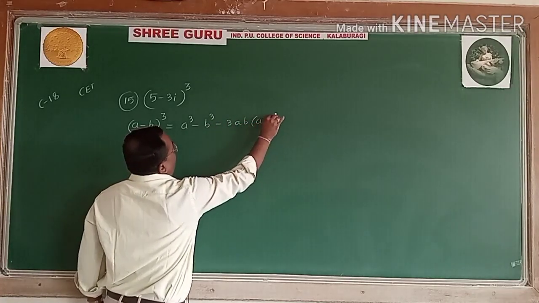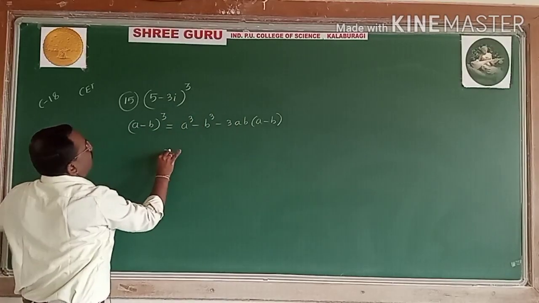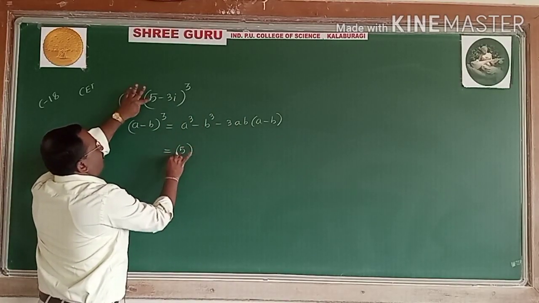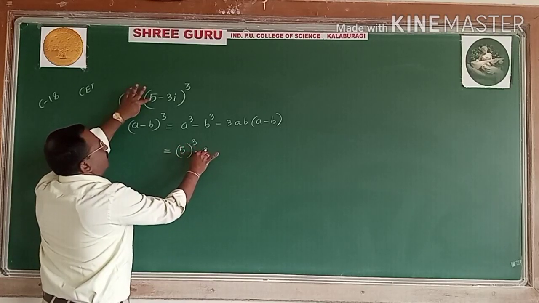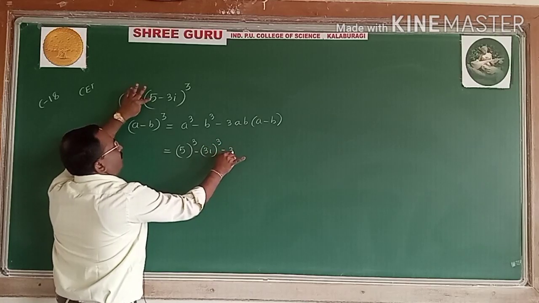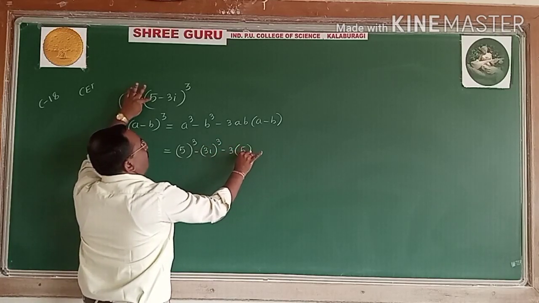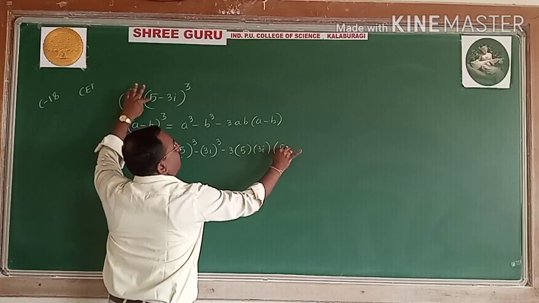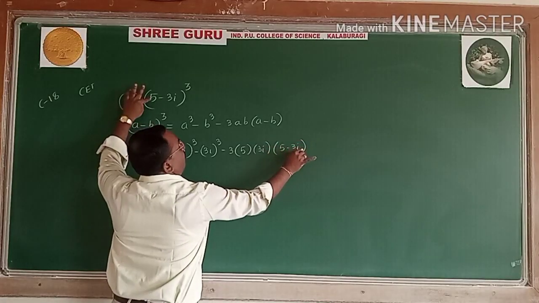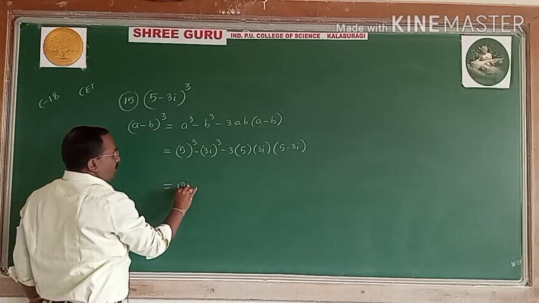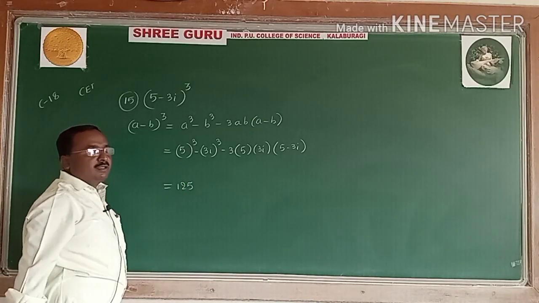This is the formula, apply this one. Here a is 5, b is 3i, so 5 cube minus (3i) cube minus 3 into 5 into 3i into (5 minus 3i). 5 cube is 125.